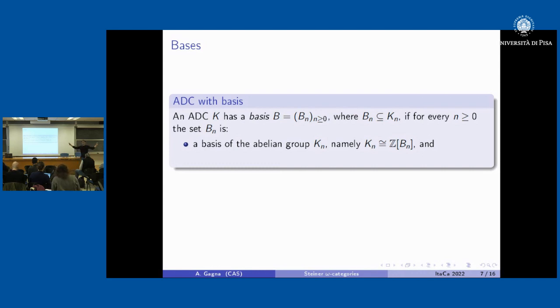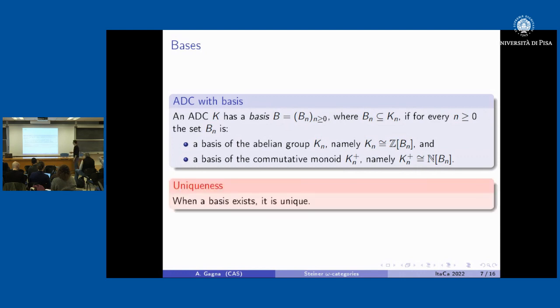Think about a direct sum, one copy for each element of Bn, and then you pick a generator. So you have Z plus Z plus Z, and in each Z, you either choose 1 or minus 1. Essentially, all the information is here. In particular, the basis, if it exists, is unique. It's a property, because you chose the generator for each Z, either 1 or minus 1.